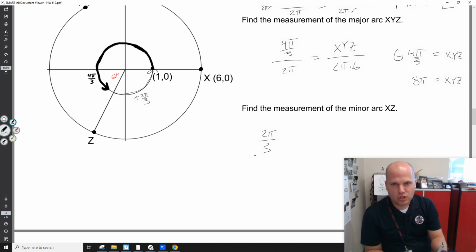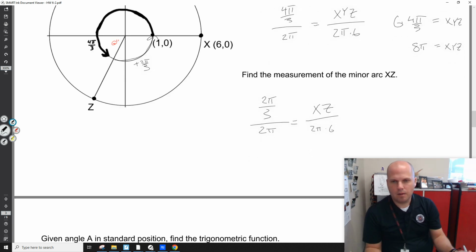So again, 2 pi over 3 over 2 pi has to be equivalent to the arc XZ over the circumference of this larger circle, which is 12 pi, or 2 pi times 6. Multiply both sides by 2 pi times 6, or 12 pi.